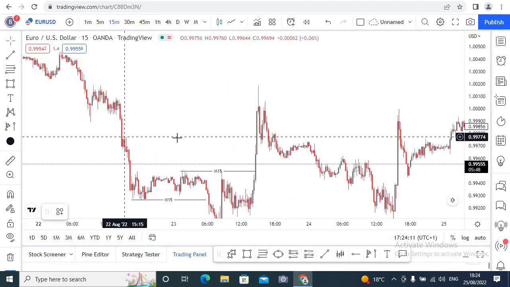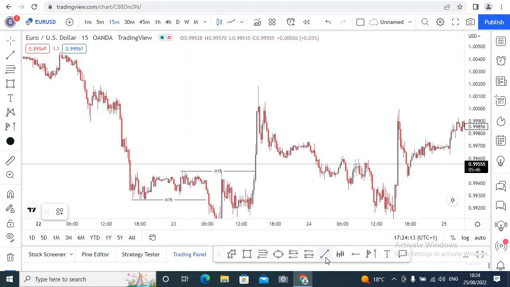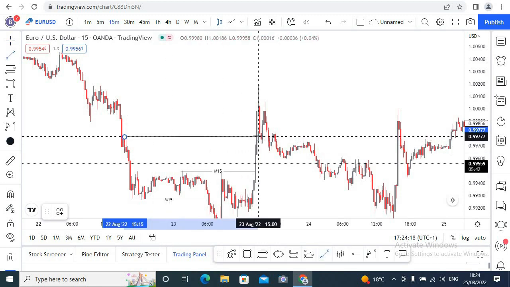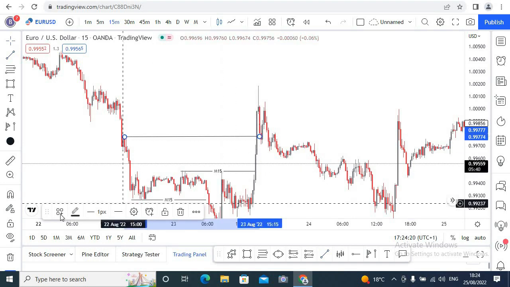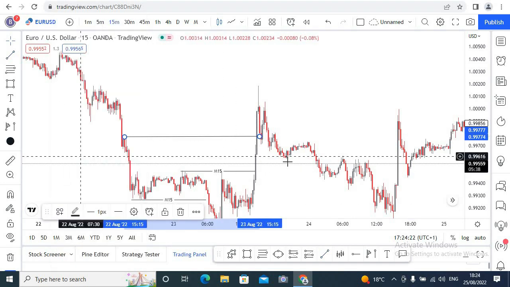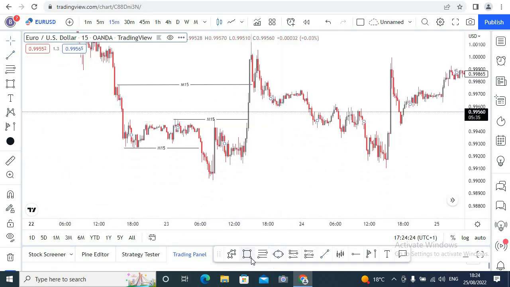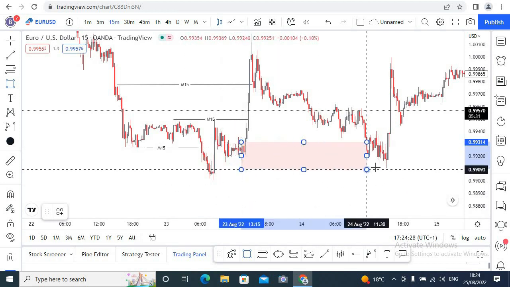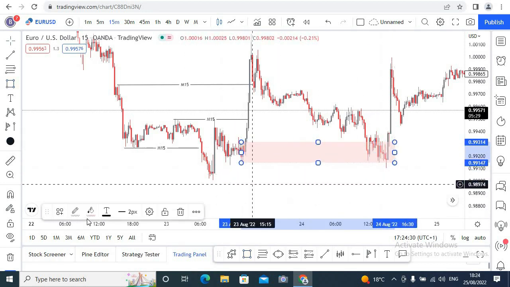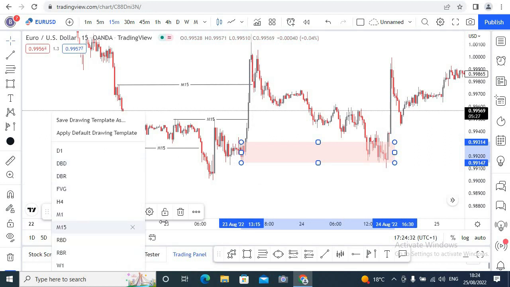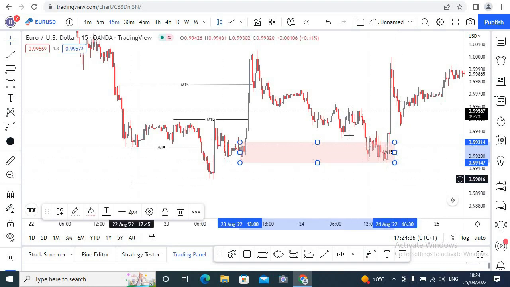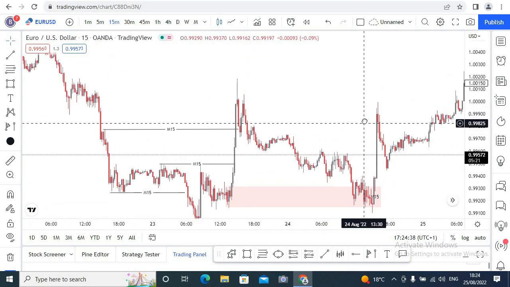And also this was a supply zone area which was also being taken out, as you can see, guys, right there, right? So this was going to be a good entry point. As you can see, this zone area here was going to be a good demand zone area, but they just induced with only a few pips on that demand, and then they continued going to the upside.